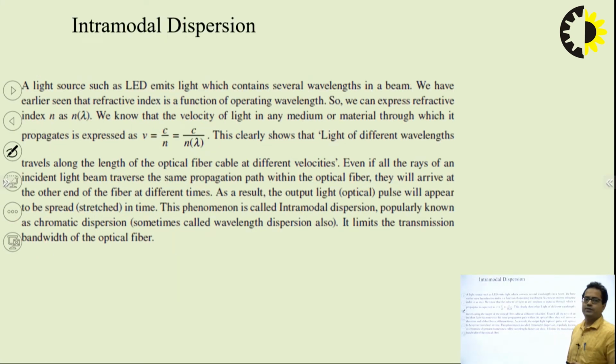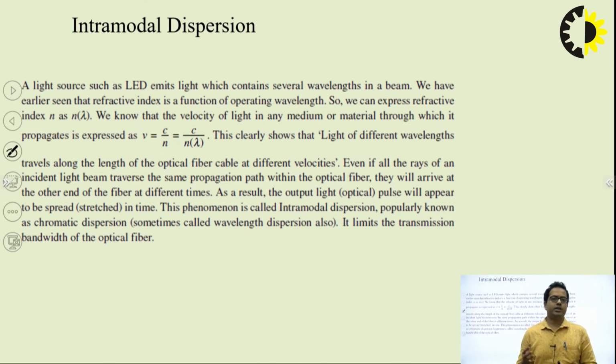So let us first try to build the concept of intramodal dispersion. In the previous slide, we discussed that because of the finite spectral line width of the optical source, there will be different frequency components. These different frequency components, as they travel inside the fiber, face a refractive index. If they have different frequencies, they will travel at different velocities.